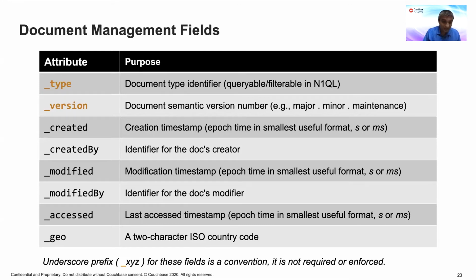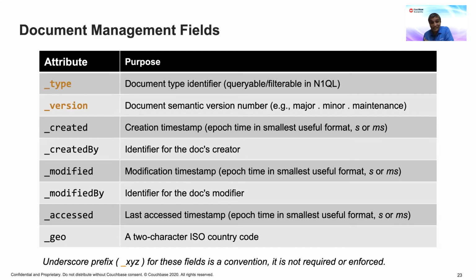Say, for example, I want to restore only the documents that were changed since 27th March 2020. Now, how do I track that information? That information is not there anywhere, right? So if I have kept this attribute or document management field within the document, say last access or last modified or the modified date, I can do this easily.